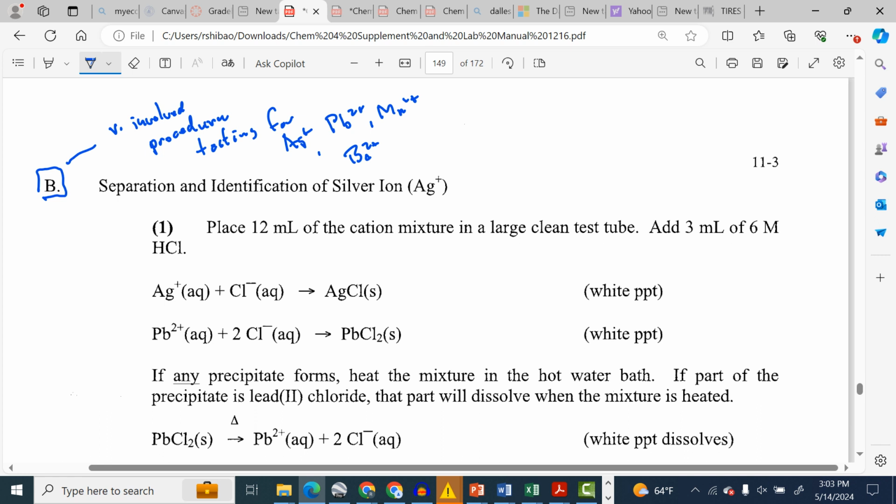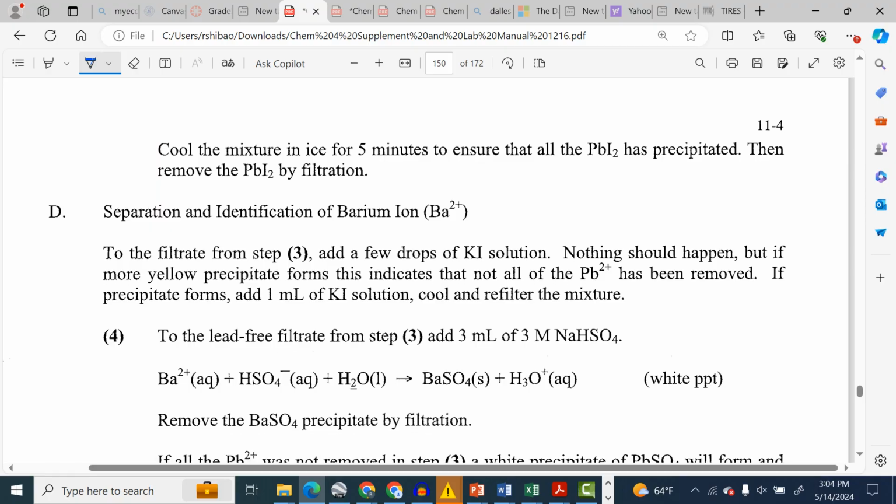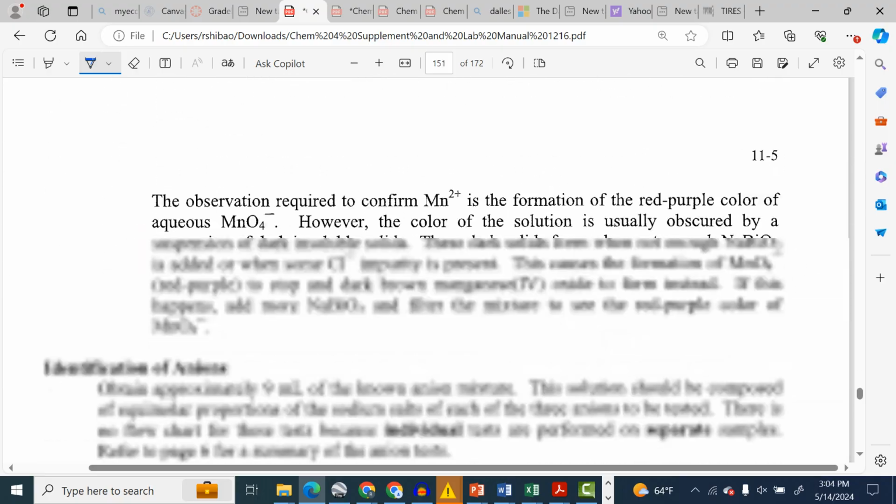Part B is a very involved procedure. And we're not just testing for silver. We're testing for silver, lead 2, manganese 2, and barium ions. Probably the best thing is just to take a look at the overall qualitative analysis scheme.